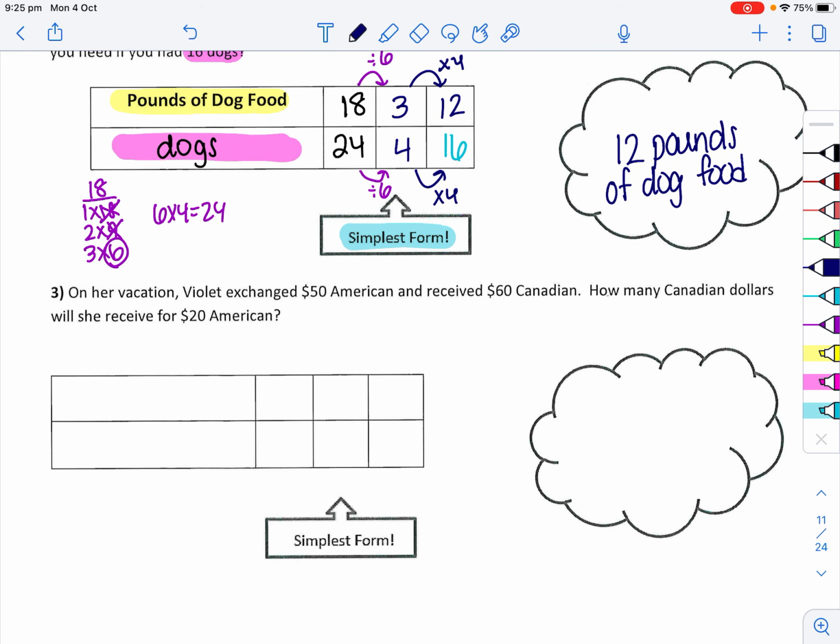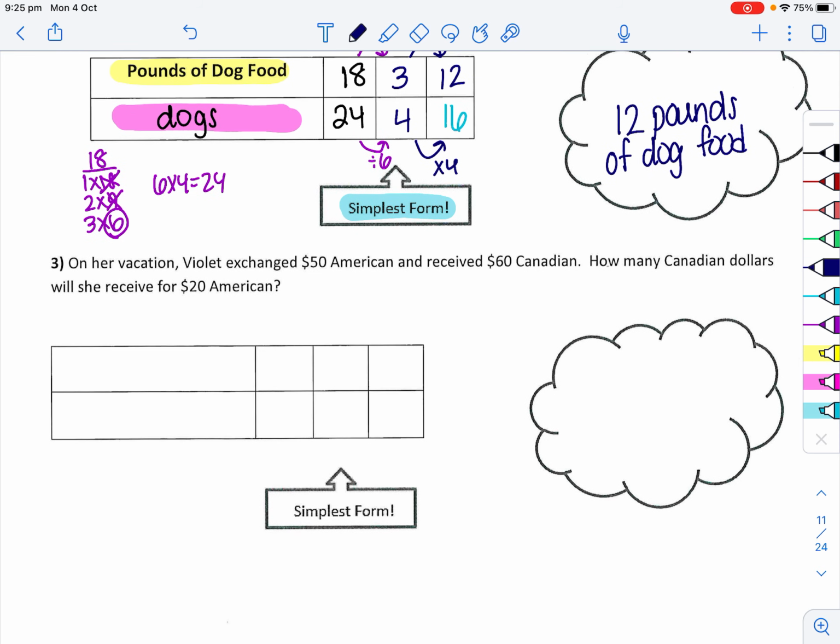Last one, on her vacation, Violet exchanged 50 American and received 60 Canadian. So I've got 50 American dollars and I received 60 Canadian dollars. So I'm going to have American and Canadian. So 50 and 60.